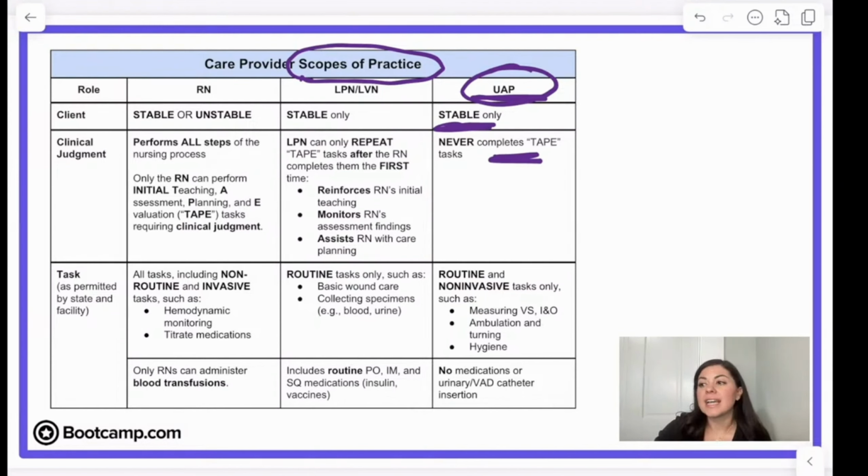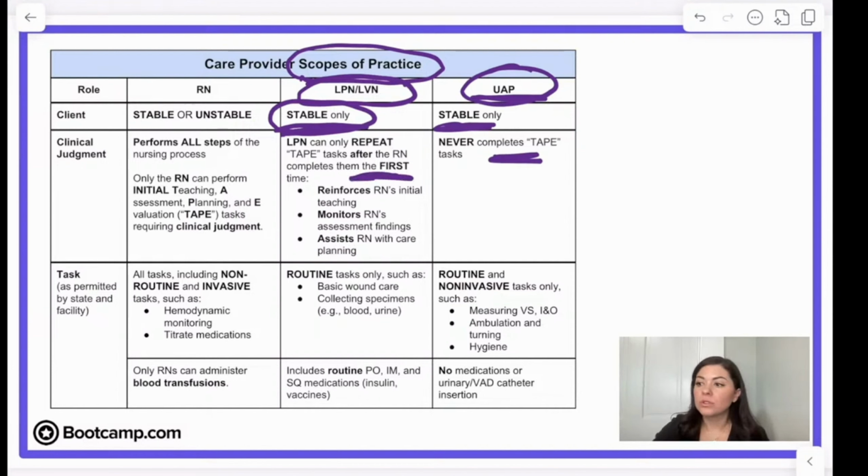And then there is the LPN or the LVN. That is the same role, but it's just different names depending on where you live. So LPNs, you won't see these questions as often as the UAP, but they can be a little trickier because their scope is a little larger than the UAP. However, the LVN can only care for stable clients, just like that UAP. LPNs can perform parts of the nursing process, but it's only after the RN performs them first.